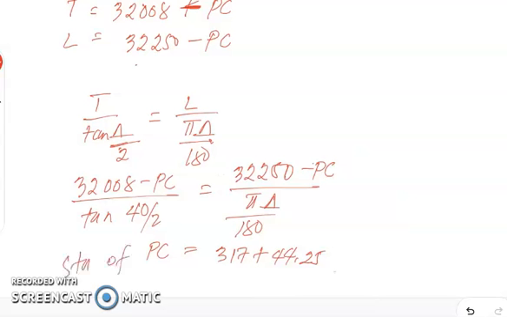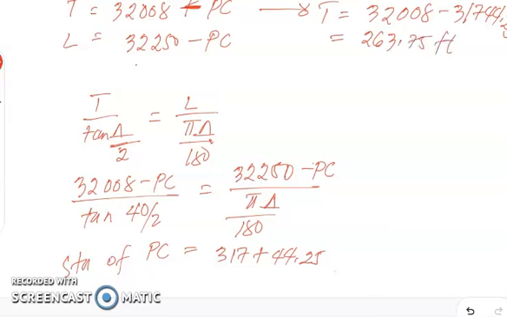So you have now the station of PC, and we have to compute now for our R. Using our T value, T is equal to 32,008 minus our PC, which is 31,744.25, so we have the value for T, which is 263.75 feet.